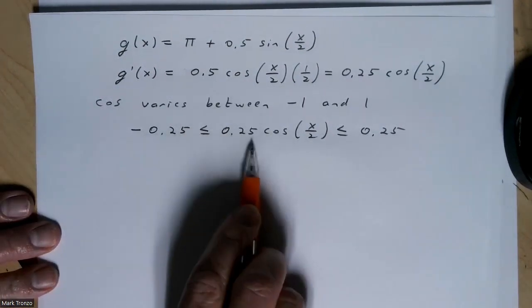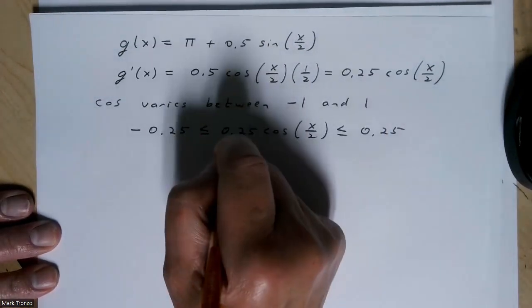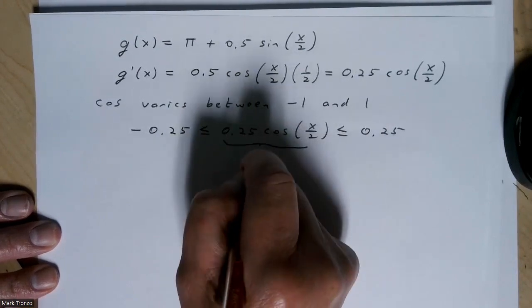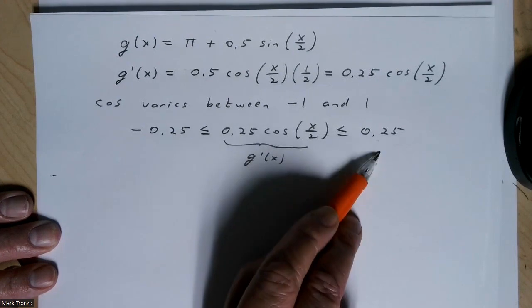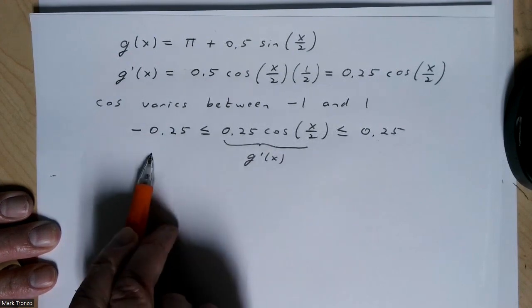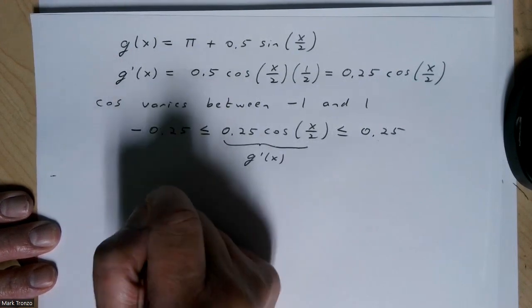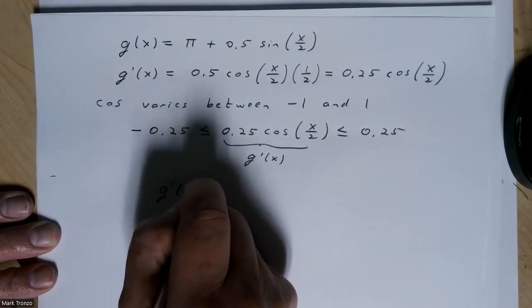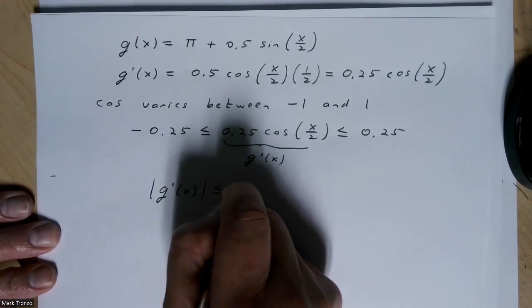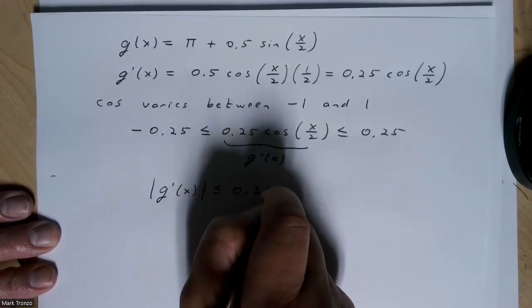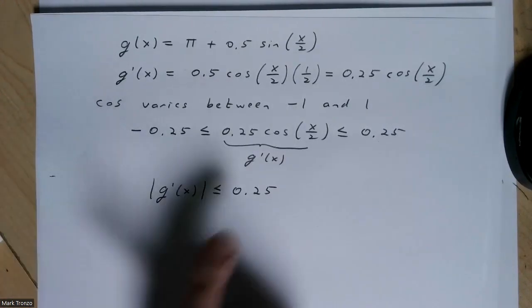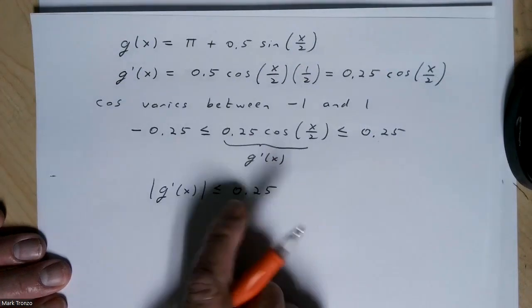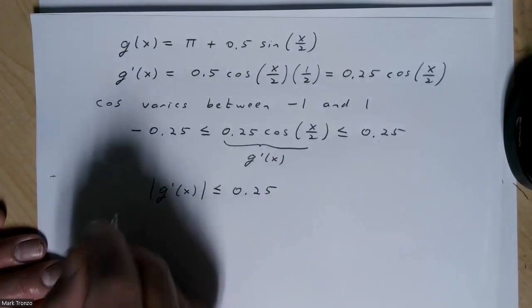Remember, this is the derivative, g prime of x. If a function varies between a positive number and the same negative number, then we can say that the absolute value of that function is less than the constant. And of course, this is less than 1, between 0 and 1.